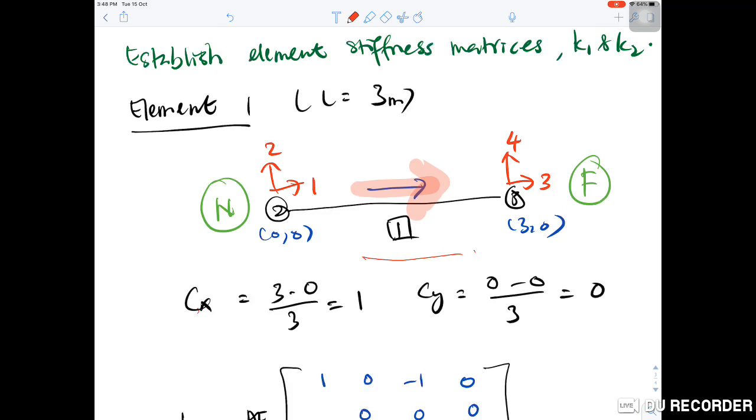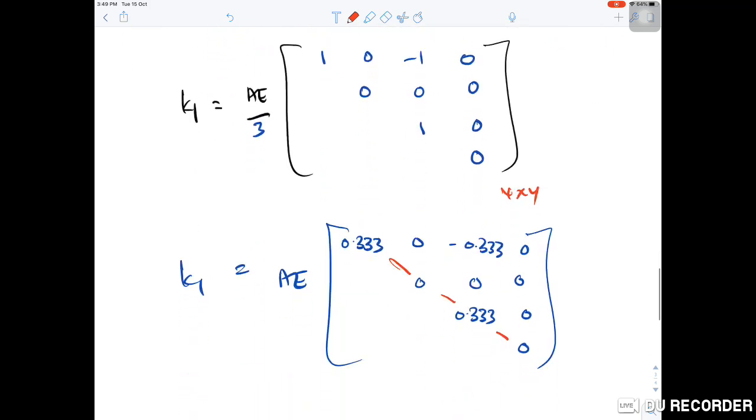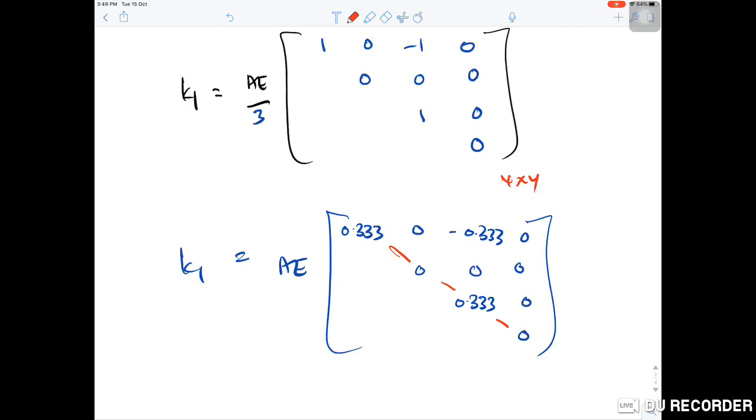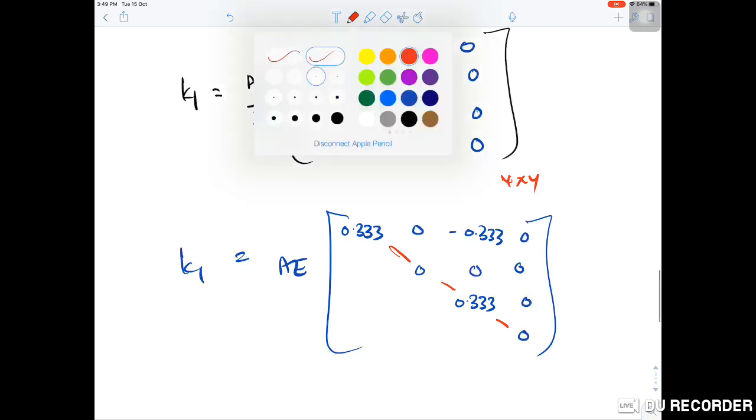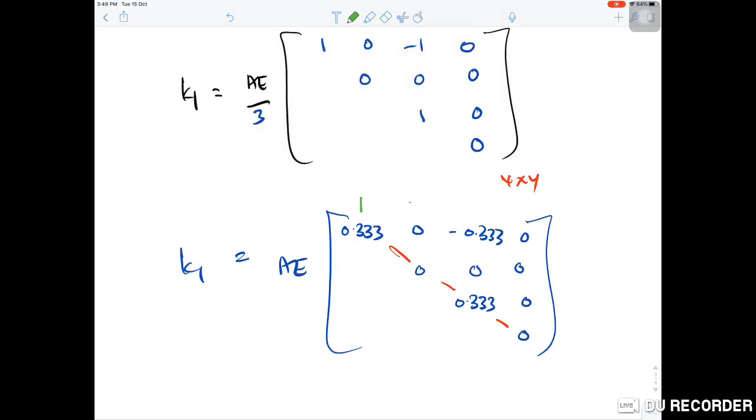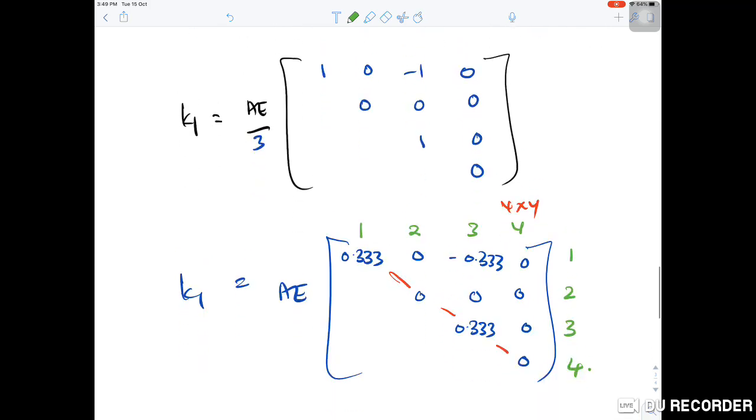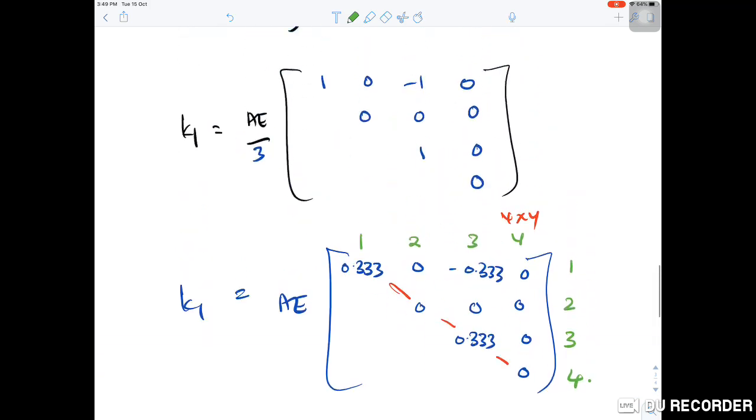So we call it 1 2 3 4. It is based on the arrow, because the arrow is going to the far end. So we label starting from near, complete XY, and after that we label the far end, complete XY. So we get 1 2 3 4 along both the rows and columns.